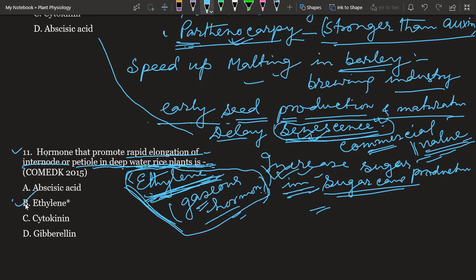Actually, ethylene is one of the growth hormones that has different types of physiological effects. It functions as a promoter, and it functions as an inhibitor also.